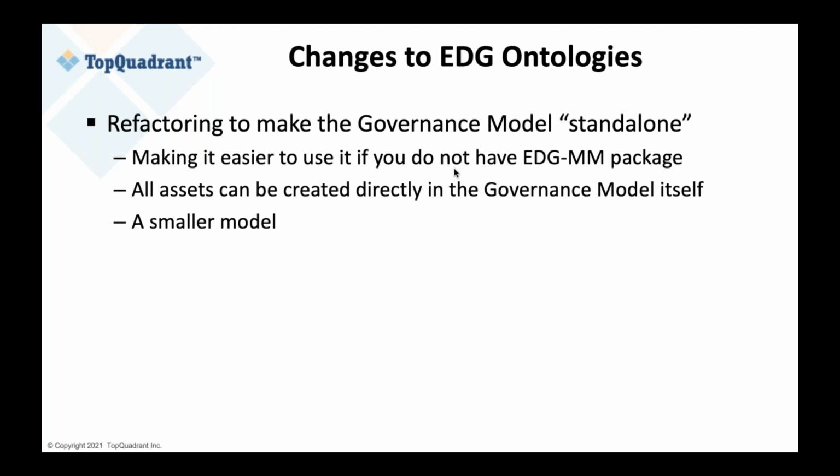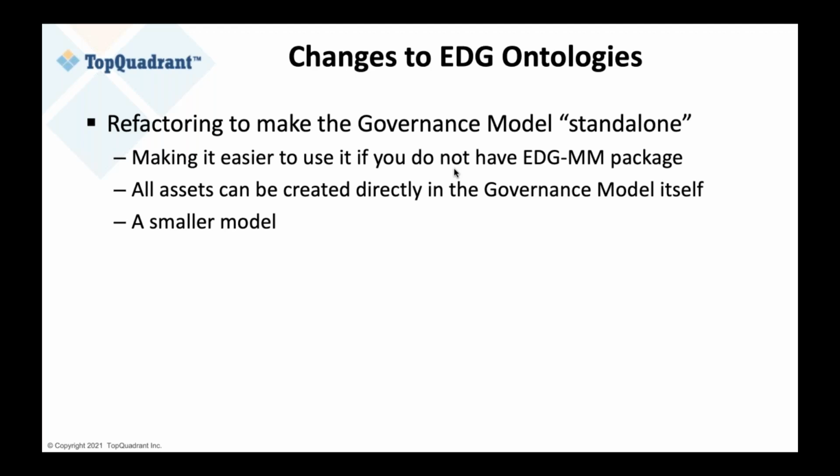And that made it difficult, or not as convenient, to use the governance model for users who have the vocabulary management package or reference data management package, because they had no place to put those additional asset types. So the governance model was cut down to be more standalone, so it's easier to be used by users of any package. Everything that the governance model talks about is now self-contained within the governance model. We pared it down somewhat.